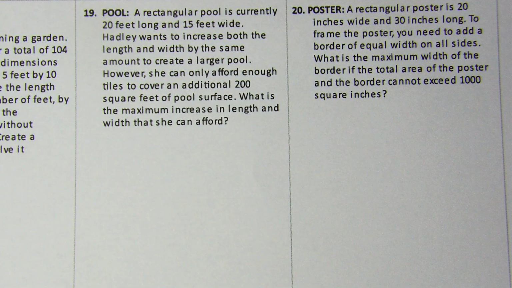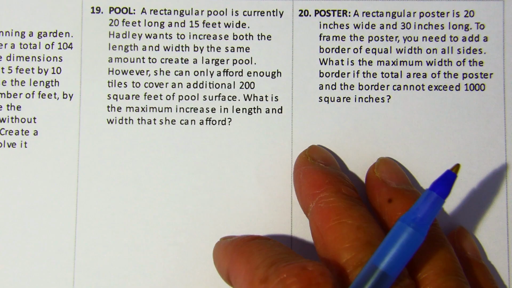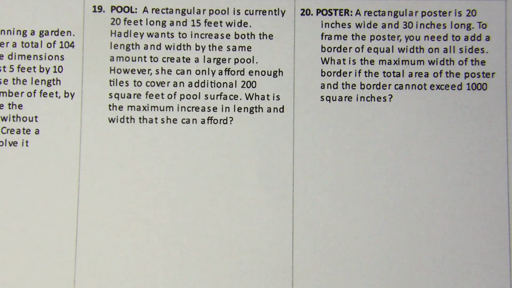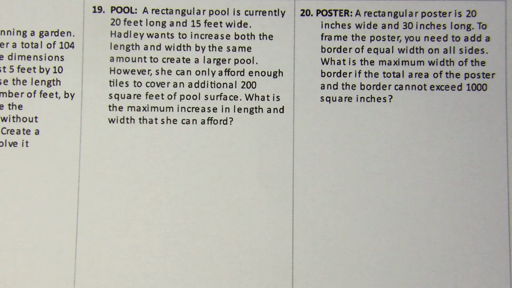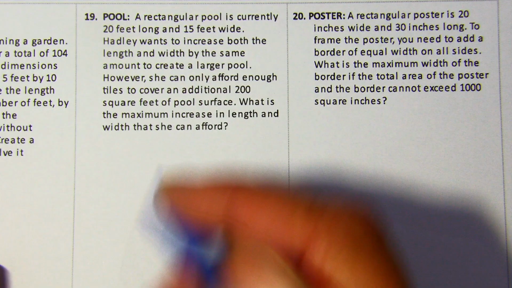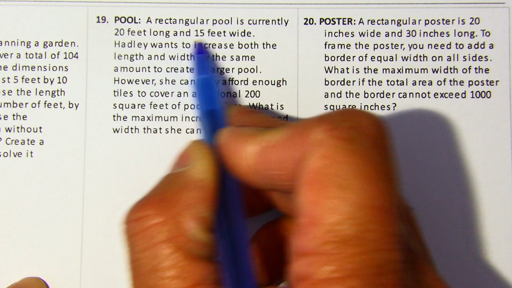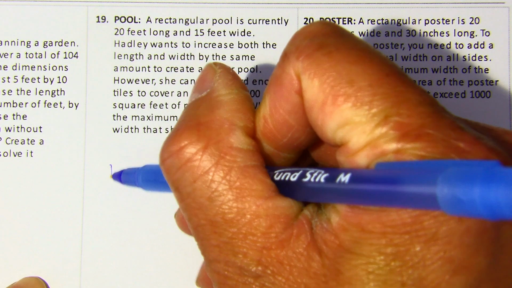Okay, so in 1.75, instead of number 19, I think it was the fencing problem, I'm replacing it with this pool problem. A rectangular pool is currently 20 feet long and 15 feet wide. So draw a picture.